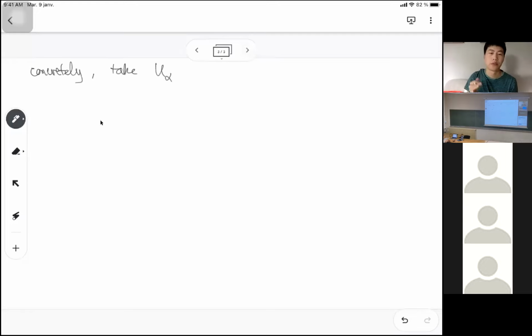So U alpha is one of those open sets on which you can define your elementary F structure. You look at the cutoff function of that form. It's going to be F invariant.